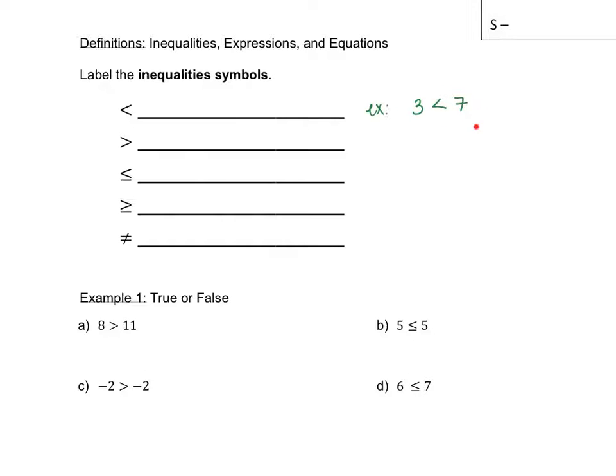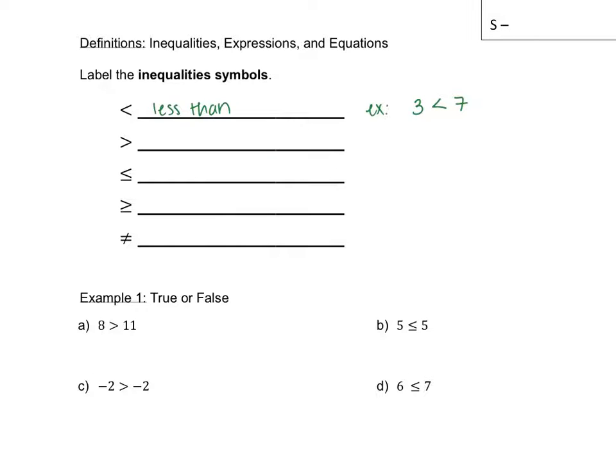Now, this statement is saying that 3 is being compared to 7, and we know that 3 is definitely a smaller number, which is why I'm using this symbol to represent that. Because this symbol is facing away from the number on the left, we say that this means less than. Anytime the symbol is facing this way, we say less than because we read left to right. So this is less than.